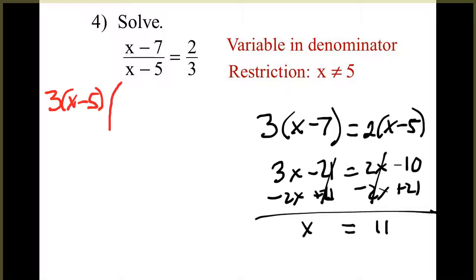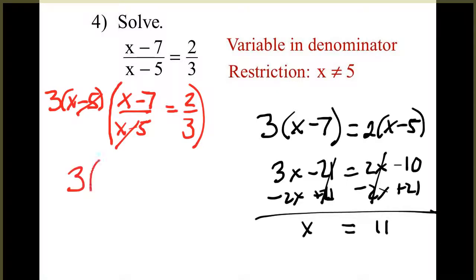So I'm going to multiply everything by this: x minus 7 over x minus 5 times 2 over 3 times. So when I'm doing this, my x minus 5 would clear out and I'd be left with 3 times x minus 7. When I do this, I'm going to distribute that, equals 2 times x minus 5.